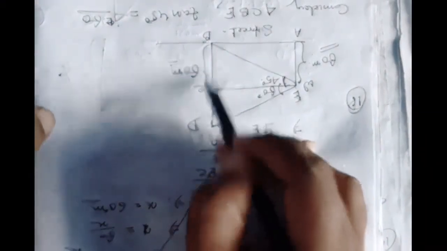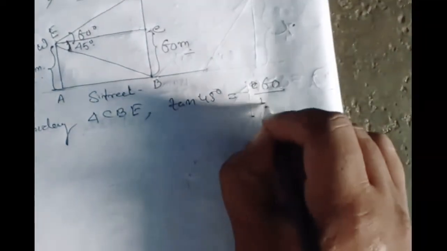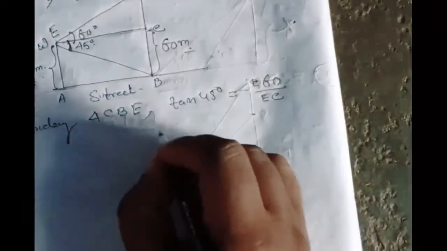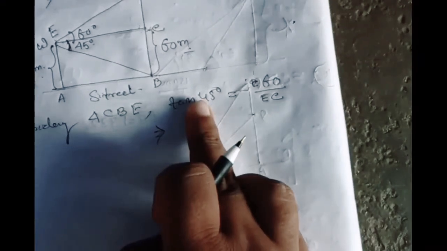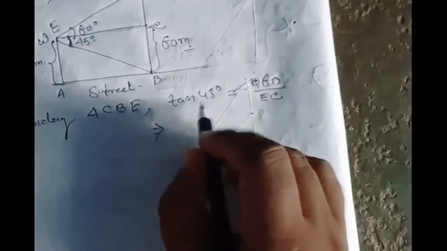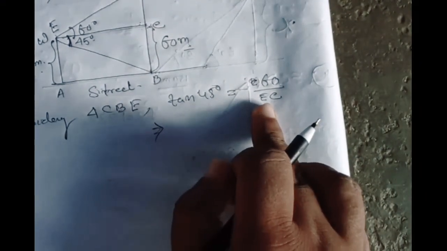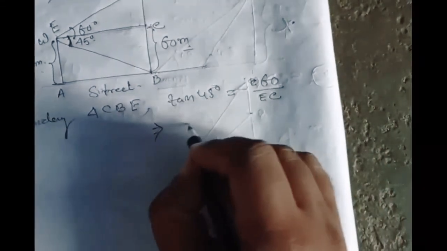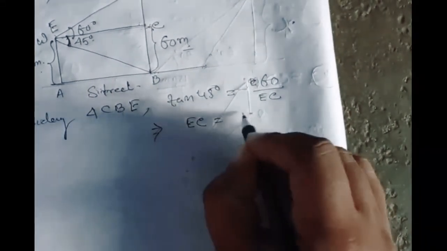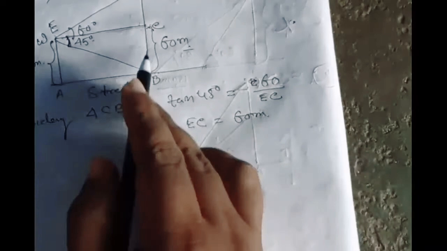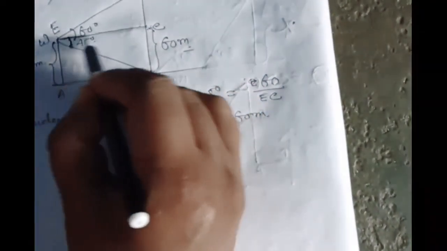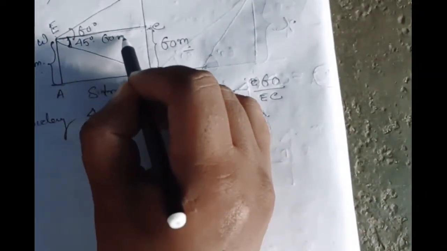The value of BC is 60, so 60 divided by EC. Now tan 45 degree is 1, so EC is equal to 60 meter. So this distance is equal to 60 meter.